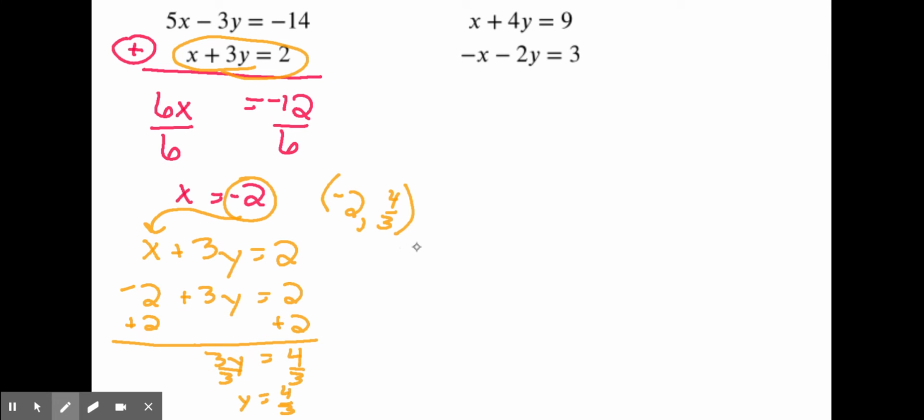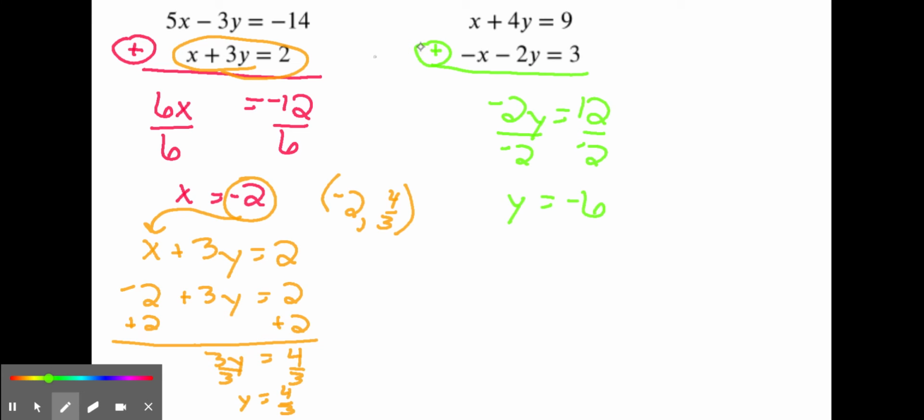Okay? All right, this next one, first thing I want you to do is decide which variable you're eliminating and add your two equations and tell me what you get for the next equation. I'm eliminating my x's. When I add them together, I get negative 2y equals 12.